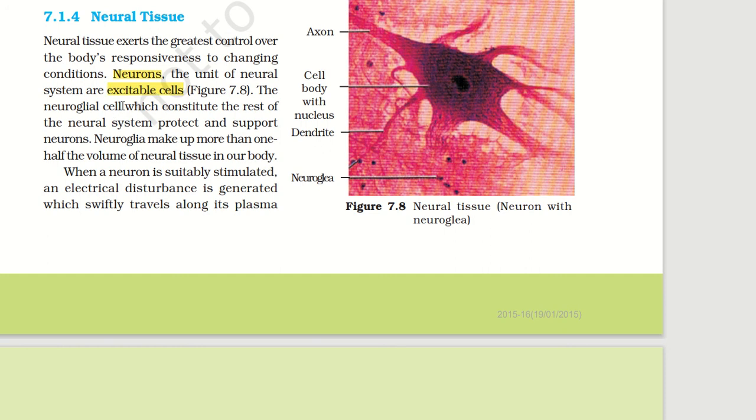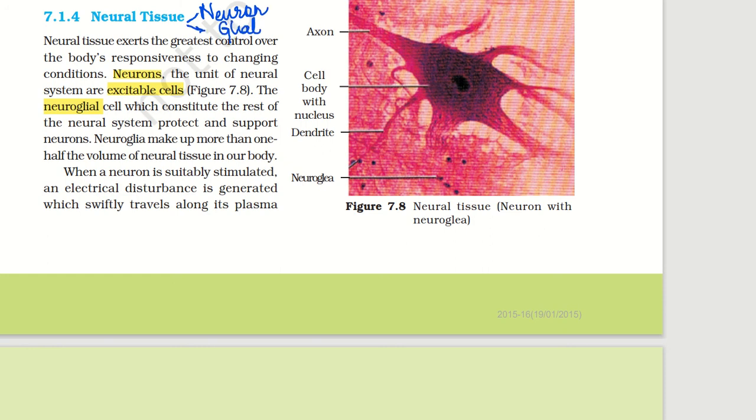Other than the neurons, you also have another type of cell which is called neuroglial cells. So in the neural tissue, you have two types of cells: one is the neuron and the other is the glial cell.